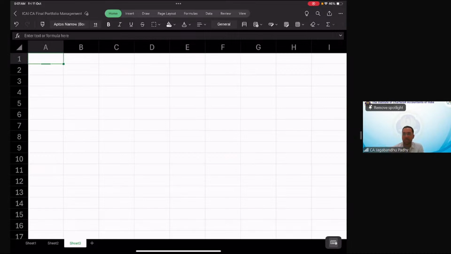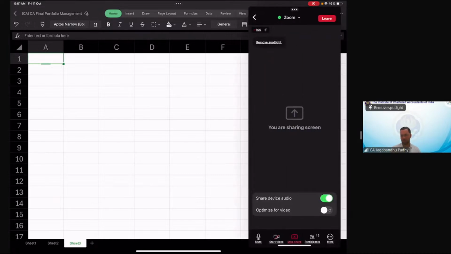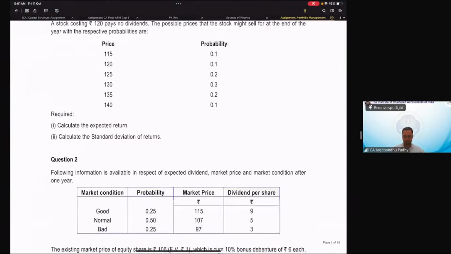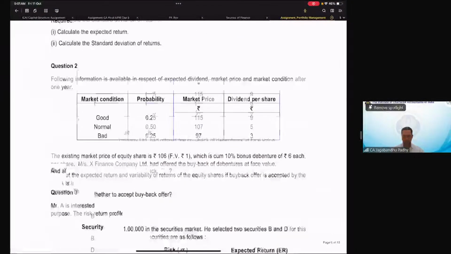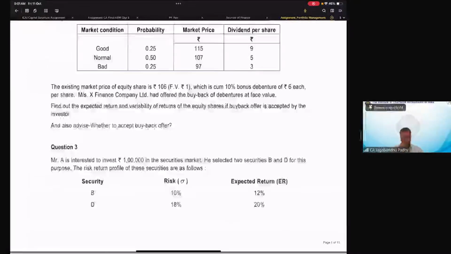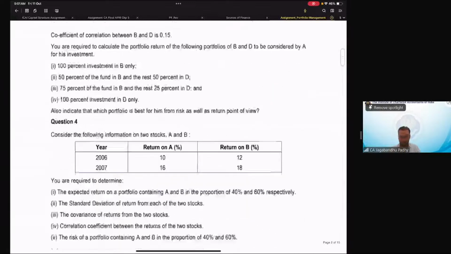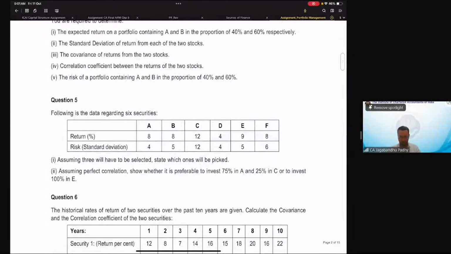How do we measure the risk and return of a security? Let me make it simple by taking up the question from the assignment. So there are multiple ways of understanding the risk and return. One of the prominent ways is to calculate the risk using the term of standard deviation.